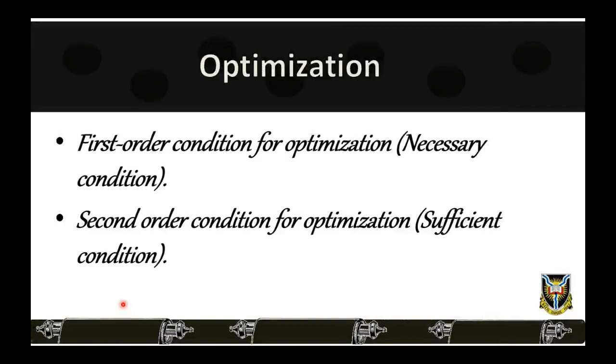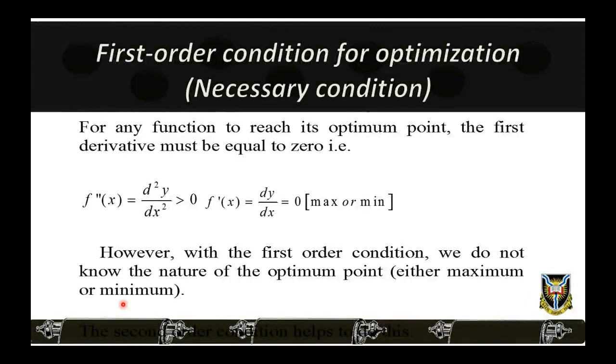That is, f prime of x equals dy by dx equals 0. However, with the first order condition, we do not know the nature of the optimum point. The second order condition helps us to do this.